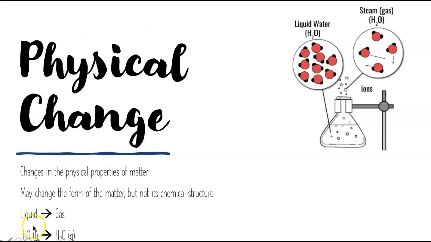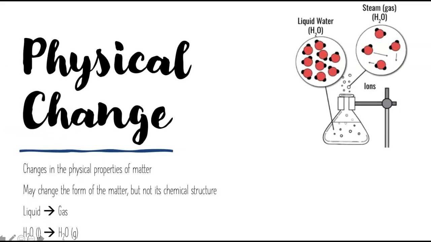A physical change is a change in the matter that doesn't actually change the identity of the matter or its chemical structure. So if you look at the diagram there on the right, we've got a physical change going on here. We've got liquid water. You can see the water molecules, the two black hydrogens and the one red oxygen, H2O, and it's becoming water that is a gas.